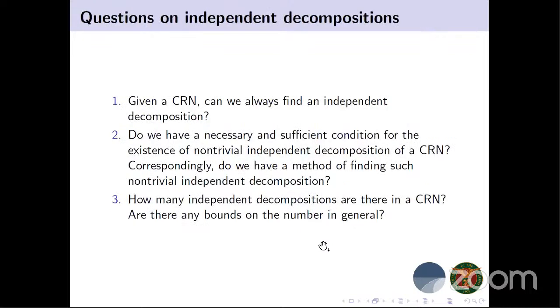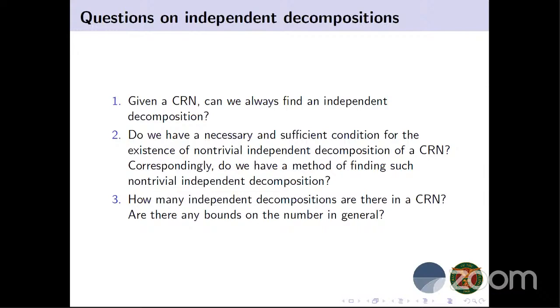Now, there are several natural questions regarding independent decompositions. Number one, given a CRN, can we always find an independent decomposition? The answer is yes. We always have the trivial independent decomposition, where there is only one subnetwork, which is the network itself.